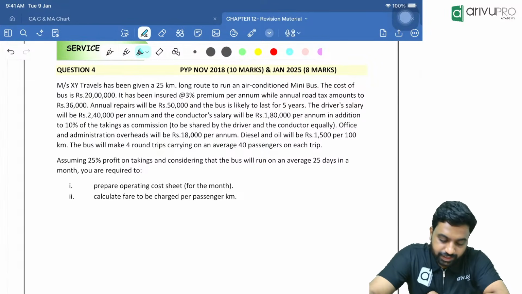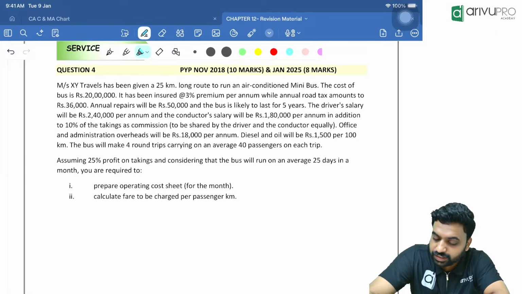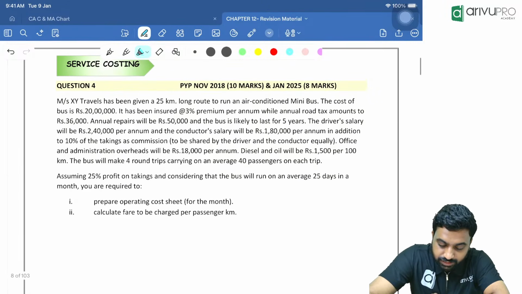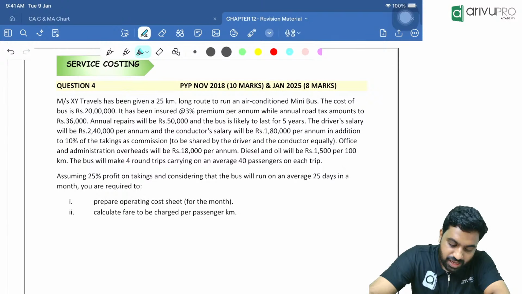PYP November 2018 for 10 marks, as well as January 2025 for 8 marks. XY Travels has been given a 25 km long route to run an AC mini bus. The cost of the bus is 20 lakhs.